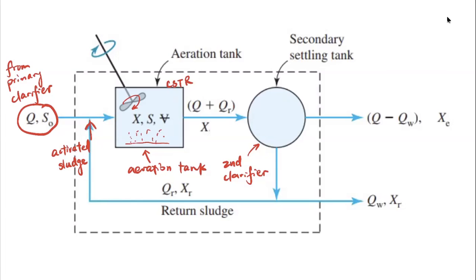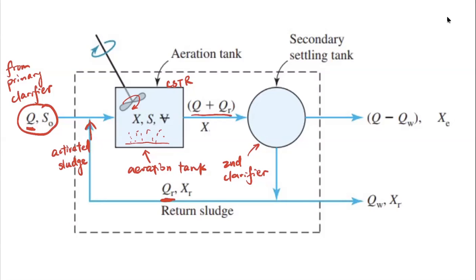You have an inlet, you have an outlet, and the treated water is going to come out. If you want to know the total flow of water coming out of the aeration tank, that's going to be Q plus QR here, because the mass of the water is going to be conserved, right?